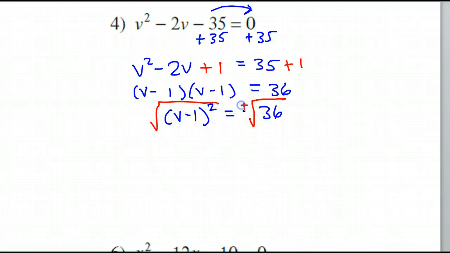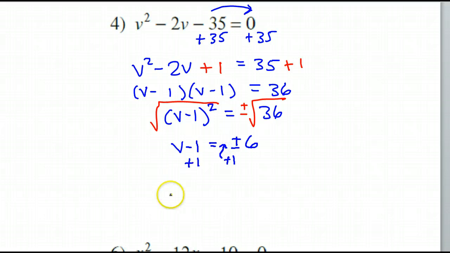Do not forget your plus or minus. So that's going to leave me with v minus 1 is equal to plus or minus 6. As we add 1 to both sides, we put it in the front. So that'll make v equals 1 plus or minus 6.